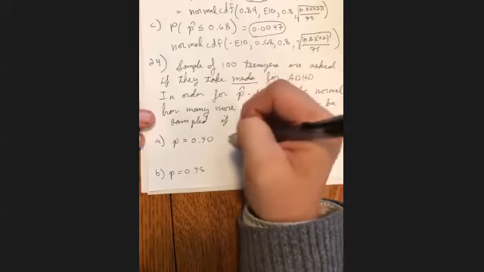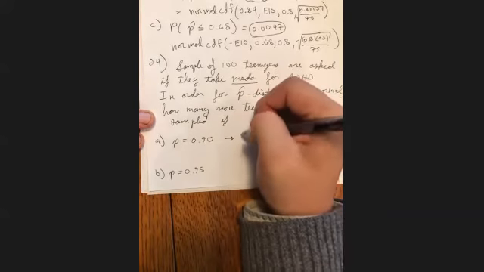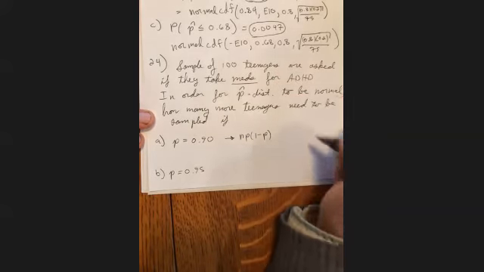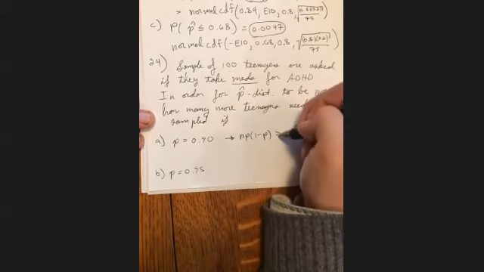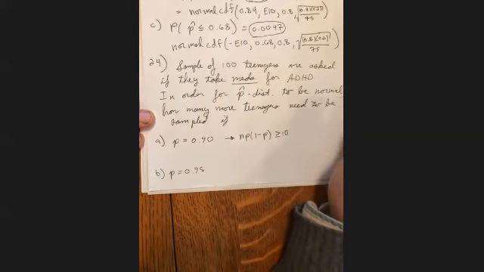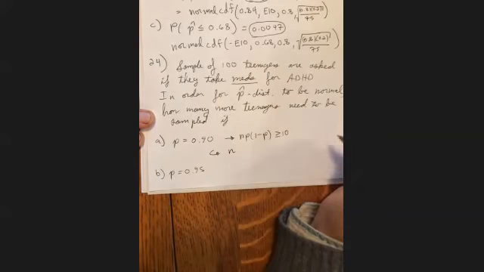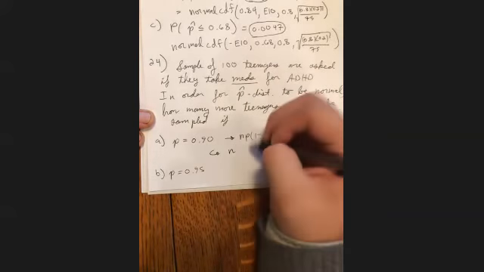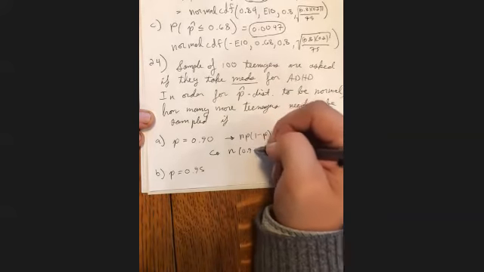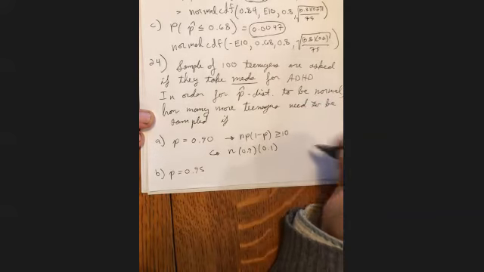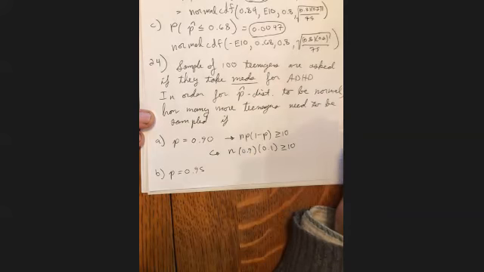So we know that in order for us to assume normality for p-hat, we need n times p times 1 minus p to be greater than or equal to 10. So we don't know what n needs to be. We know that p is 0.90 and 1 minus p is 0.1. This needs to be greater than or equal to 10.